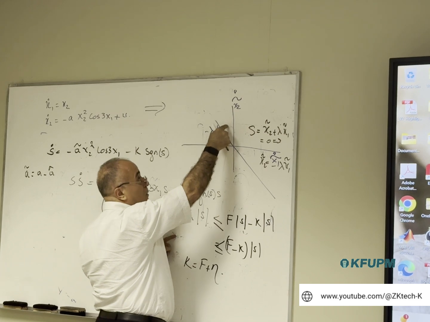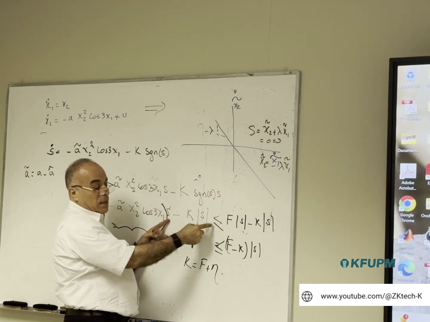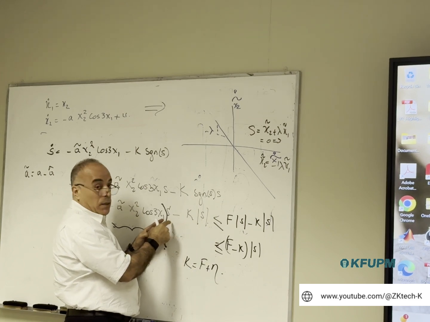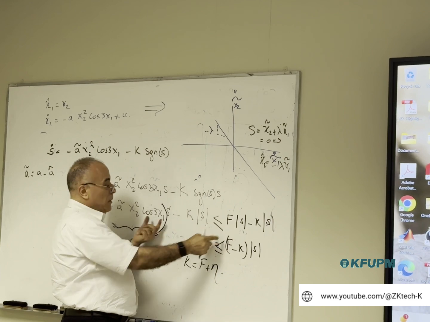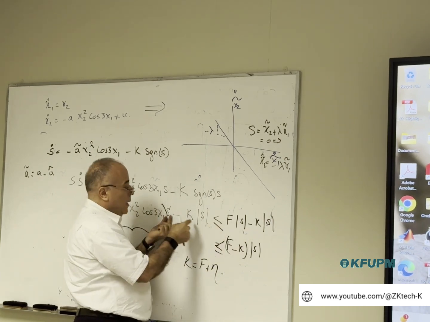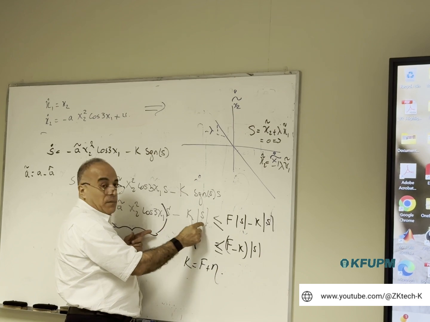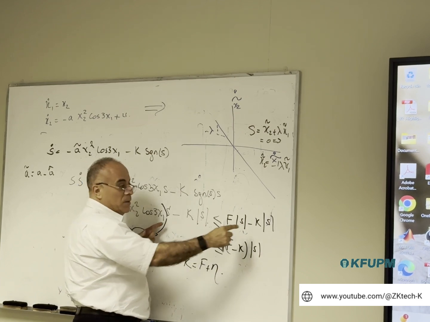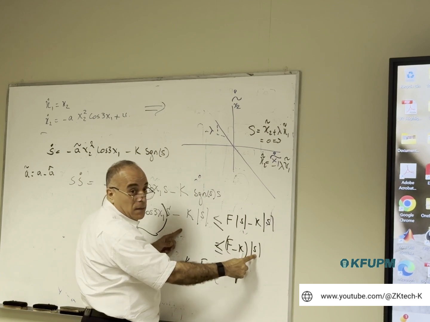If you are above, it will be positive. If you are below, it will be negative. So in order to make sure that the inequality holds, I can always say that this term in absolute value, which is f, multiplied by this term in absolute value, which is the absolute value of s, will always be less or equal to this. Then I subtract minus k, absolute value of s, from both sides, and this will be f minus k.